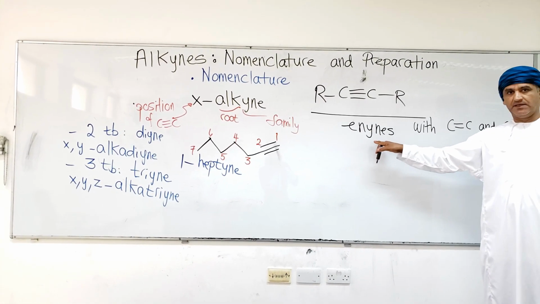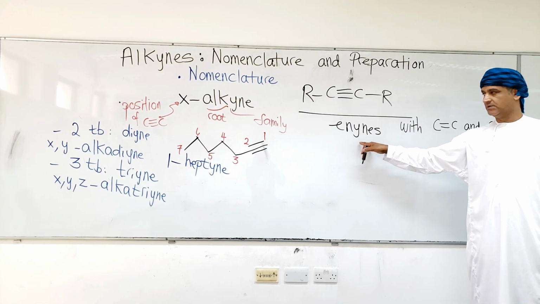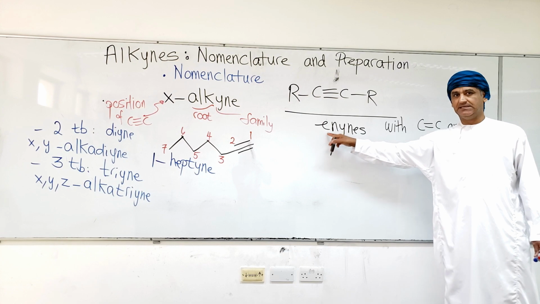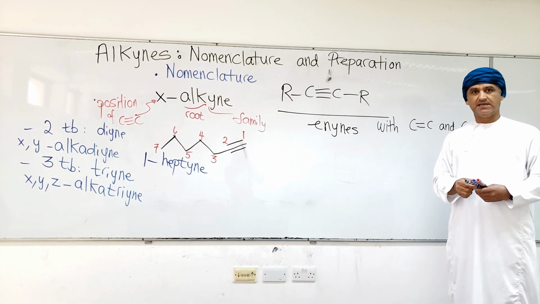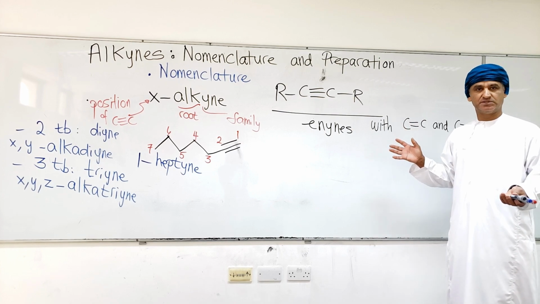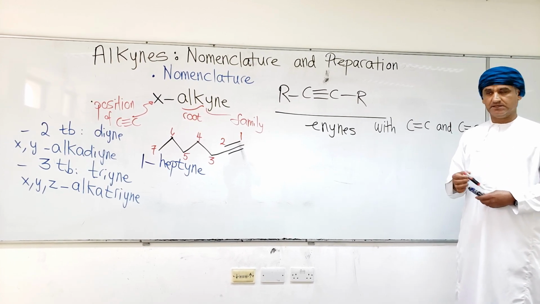If you look at this general name, you would find that the beginning is ene. So ene indicates that the compound is an alkene, basically, which means it contains a carbon-carbon double bond.